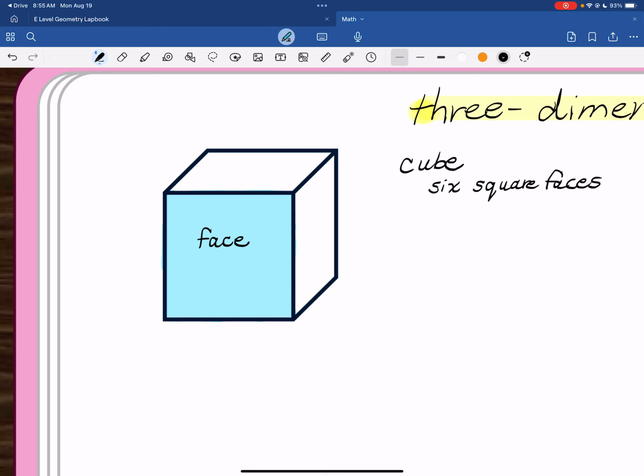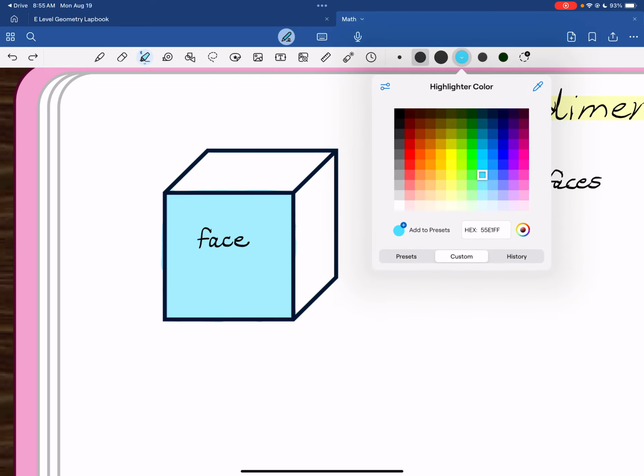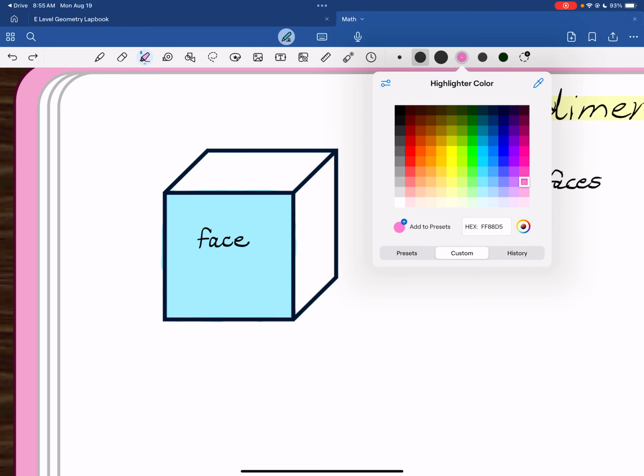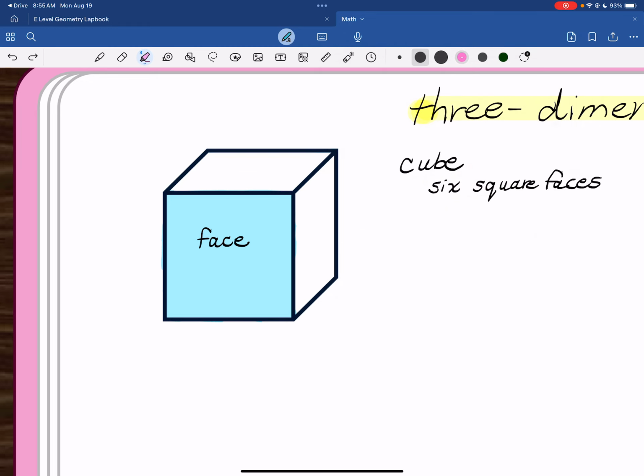Okay, and then this line right here, let me do it this way. This is so much easier if you can hold a cube in your hand and look at it. But since I'm trying to show you on a screen, let's color this face, which is also a square. If it's a cube, all the faces are square. And let me clean it up a little bit.